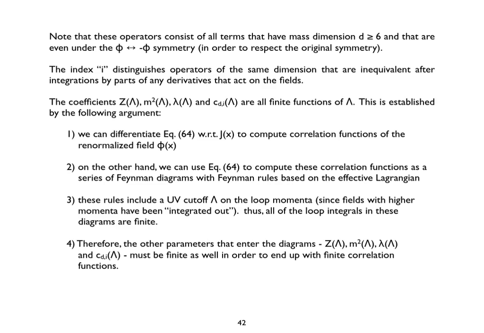Now you can take your theory and do all the stuff that we normally do: to compute correlation functions, we take functional derivatives, and come up with a scheme to write down Feynman diagrams and Feynman rules. Those rules now are going to include some UV cutoff on the loop momentum. So anytime we do any loop integrals, we're going to have a strict cutoff, because we imposed it at the beginning on the path integral. That's the difference.